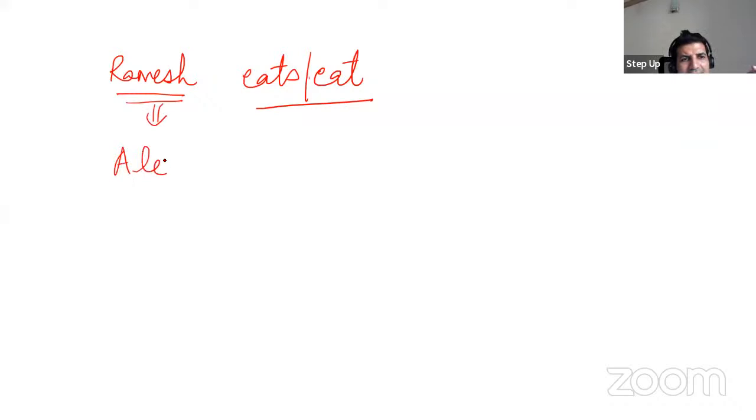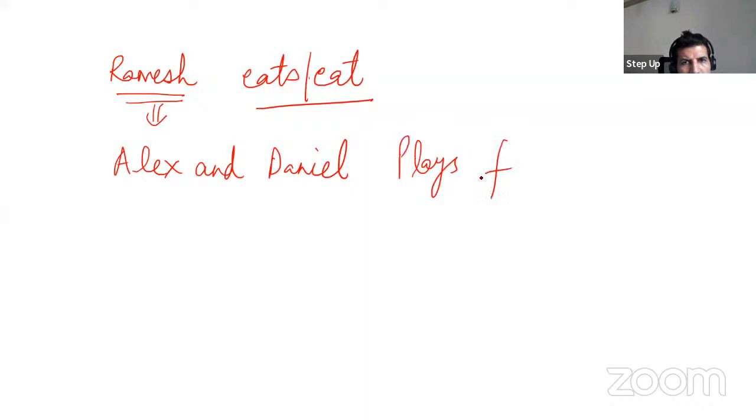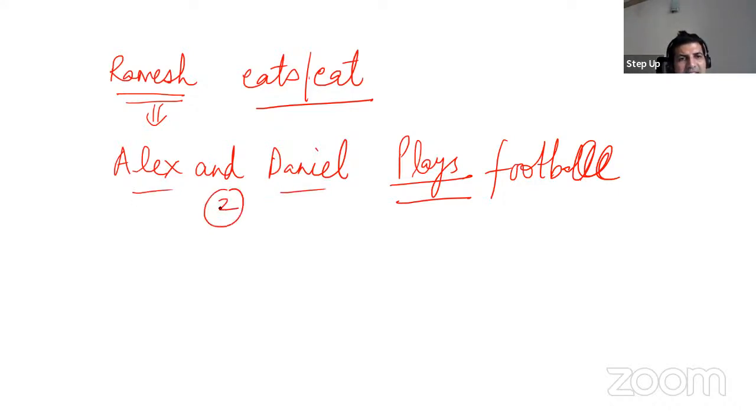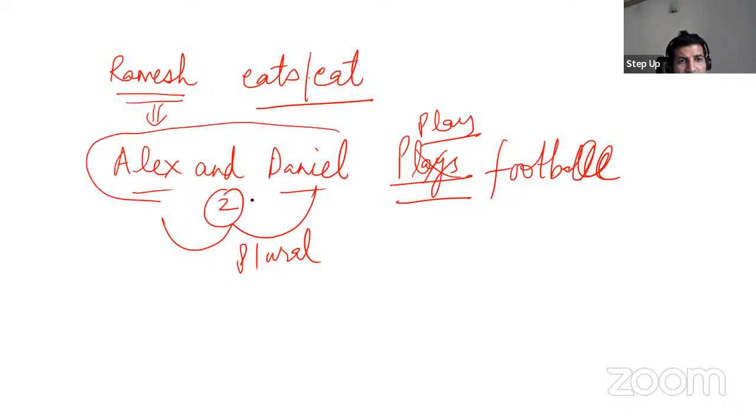If I say Alex and Daniel plays football, do you think this is correct? Plays. Here you're saying Alex and Daniel, meaning there are two people. So your subject is plural. So it should not be plays. It should be play. Because when the subject is plural, your verb should also be plural.